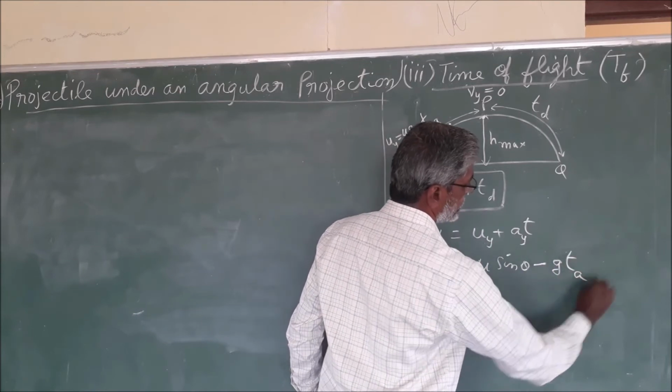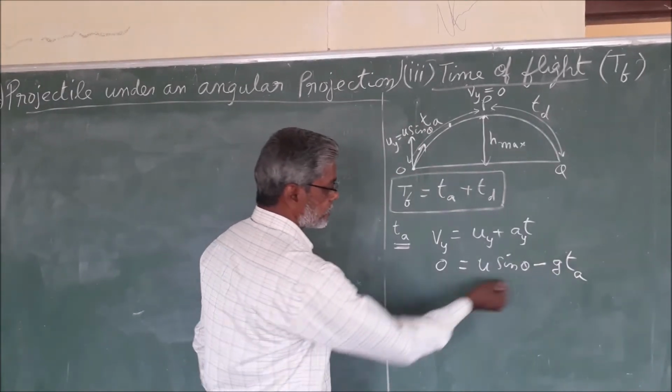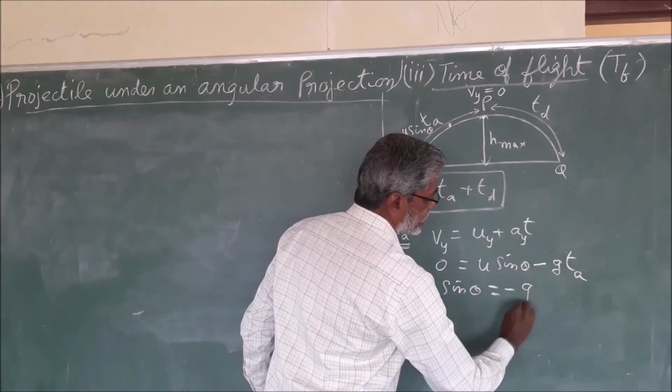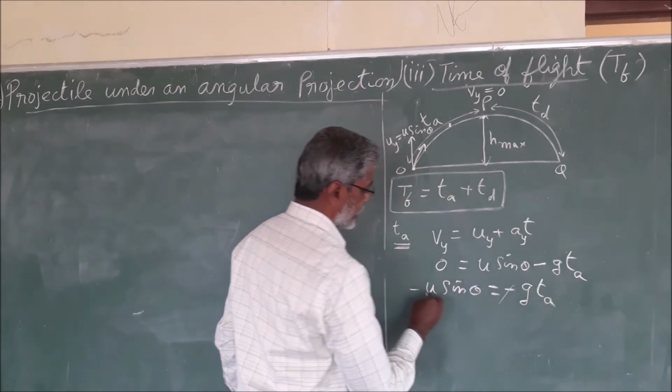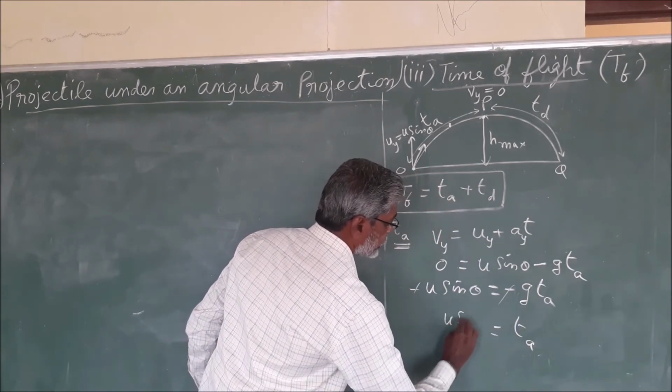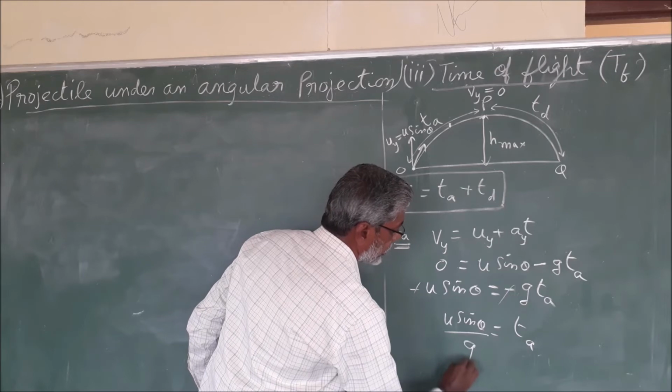That is here the time of ascent. So minus u sin theta is equal to minus g into ta. Minus and minus cancel. So time of ascent is equal to u sin theta divided by g.